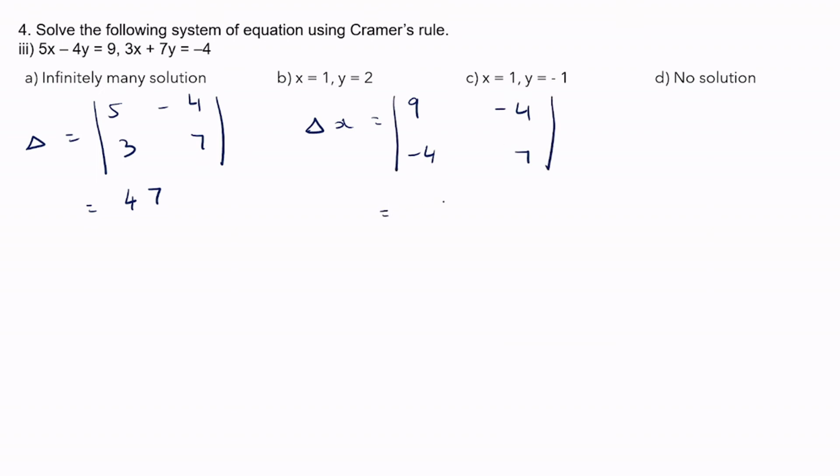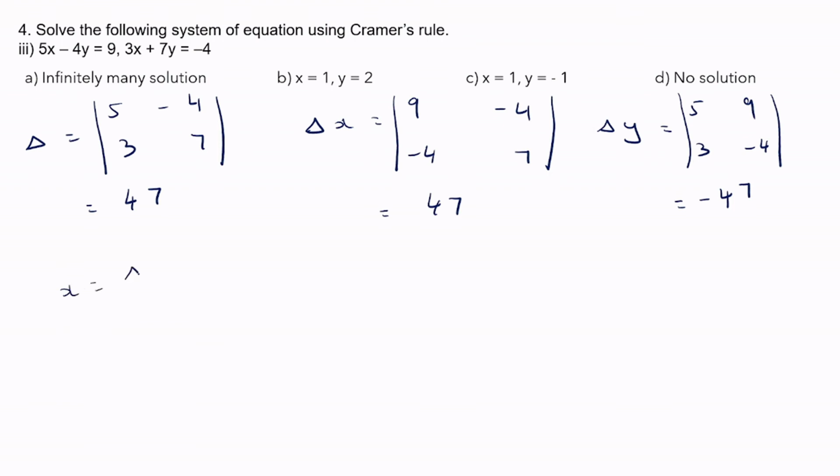So this is 63 minus 16, so which is again 47. Then delta y: to find delta y we need to have in place of the coefficient of y terms the constant terms 9 and minus 4. So here we have 5, 3, 9 and minus 4. So it is minus 20 minus 27, which is minus 47.